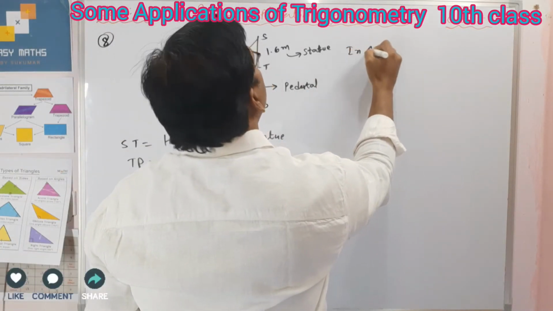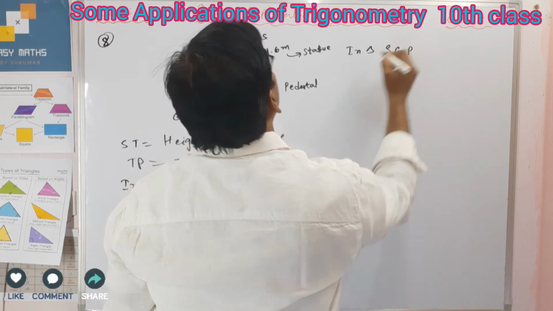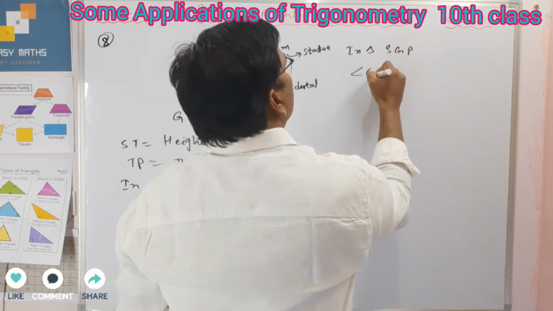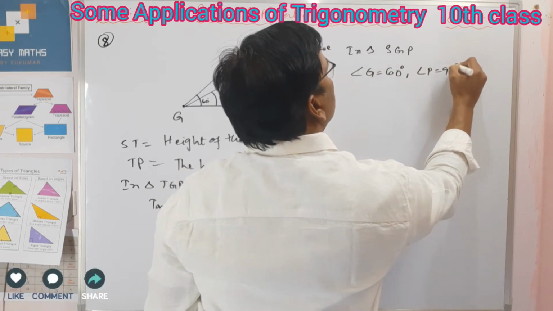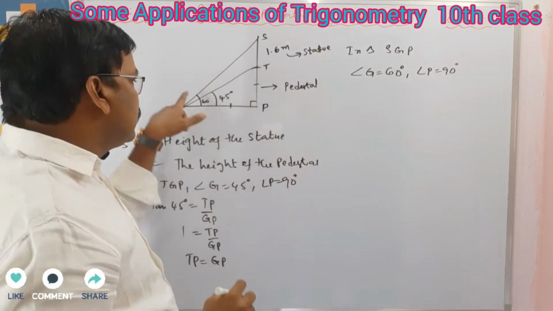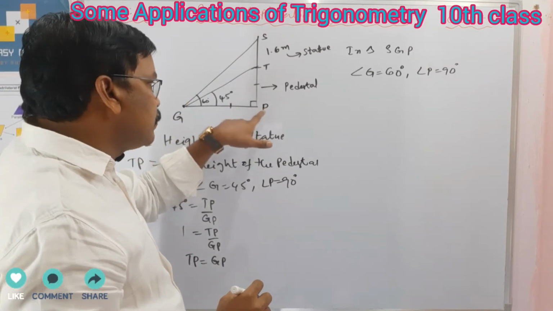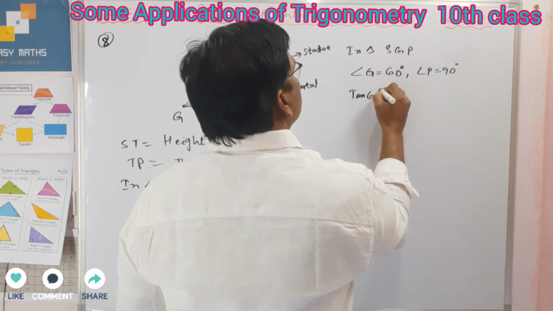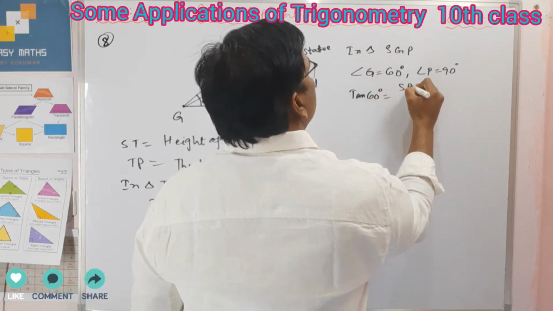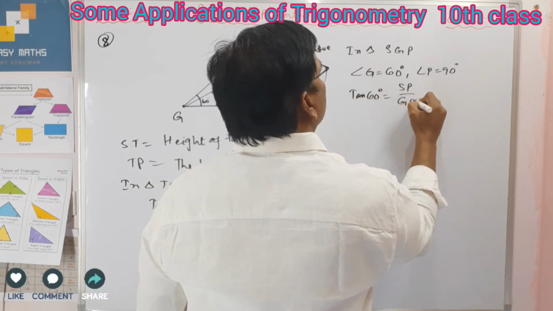Now in triangle SGP, angle G is equal to 60 degrees and angle P is equal to 90 degrees. Now what is tan 60, my dear students? Tan 60 degrees is equal to SP by GP.